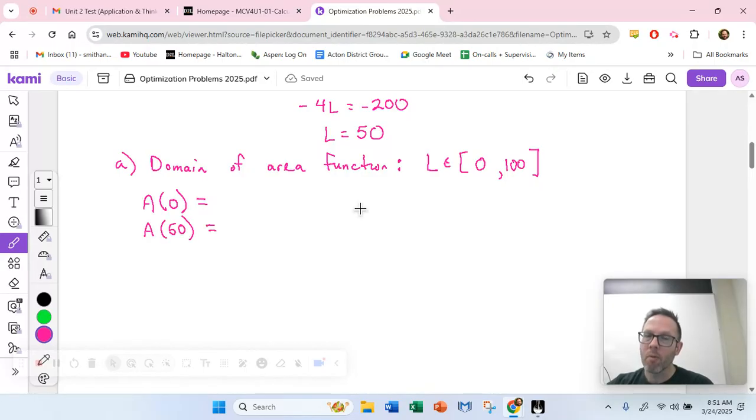We found 1 when the length is 50, or at the other endpoint when L equals 100. Sorry, my fine motor skills, the 50 didn't magically appear out of thin air. I will fix that.